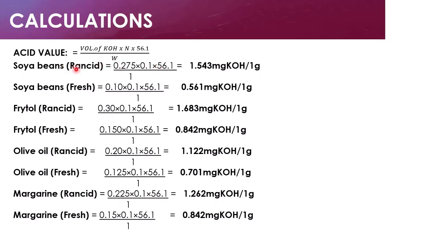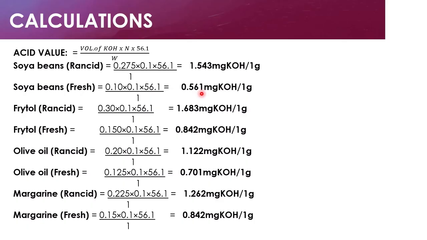For the rancid soya beans, we had an average titer volume of this. If we substitute this value into the equation, we will get an acid value of 1.543 milligrams of potassium hydroxide per 1 gram. For the fresh soya beans, we will have 0.561 milligrams of potassium hydroxide per 1 gram.